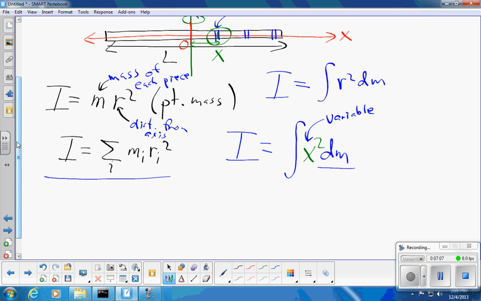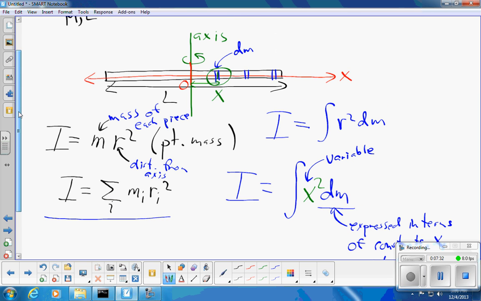And so I need to get dm expressed in terms of constants, the only variable will be x, and dx. Okay, I will do that for this problem exactly as I did with center of mass problems a while ago.